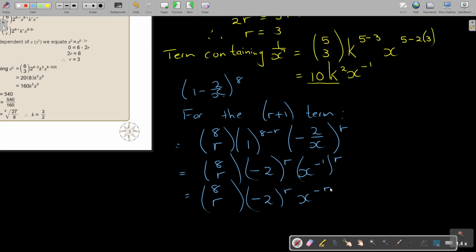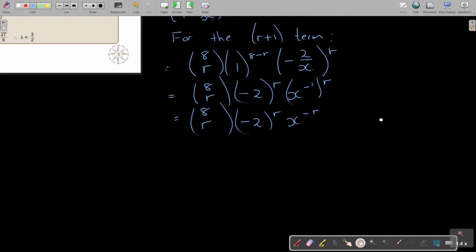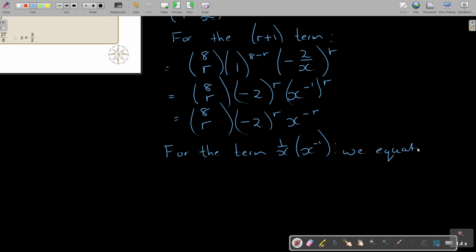Okay. And now I'm going to say the term containing the term 1 over x, or remember x to the negative 1, we are just going to equate. So we equate. Okay, it doesn't matter which one. And this is just equal to this. Okay. So therefore, I can already see that r will be 1. Negative r will be negative 1, but r will be 1.